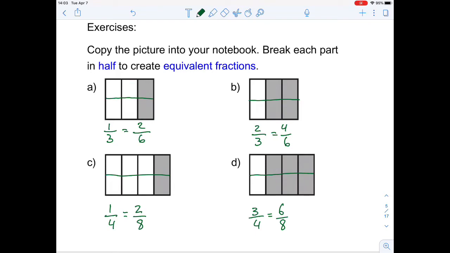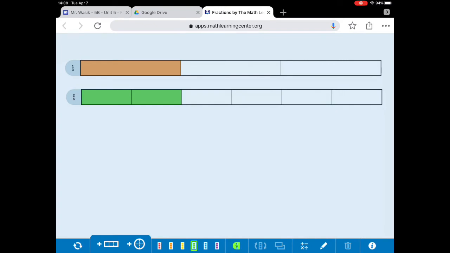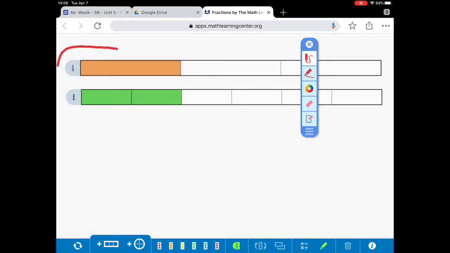So let's take a look at that. The first question showed that 1/3 and 2/6 are equal. I'm just showing you in the app how you can easily demonstrate that 1/3 and 2/6 are equal. The length of the paper strip is the same in both cases.